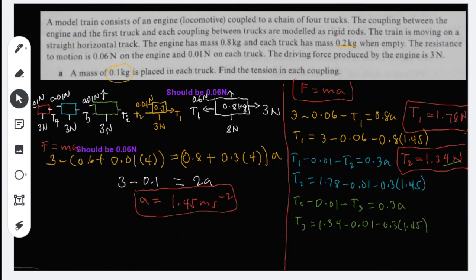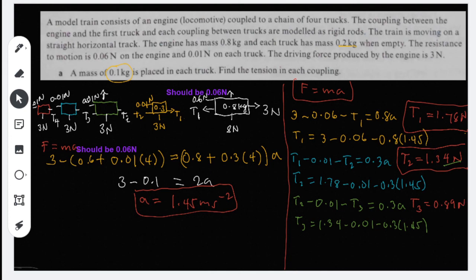So this will give us the value of your T sub 3. Expressed in decimal places, you can pause the video if you want to solve for the value, that will be approximately 0.89 Newton.